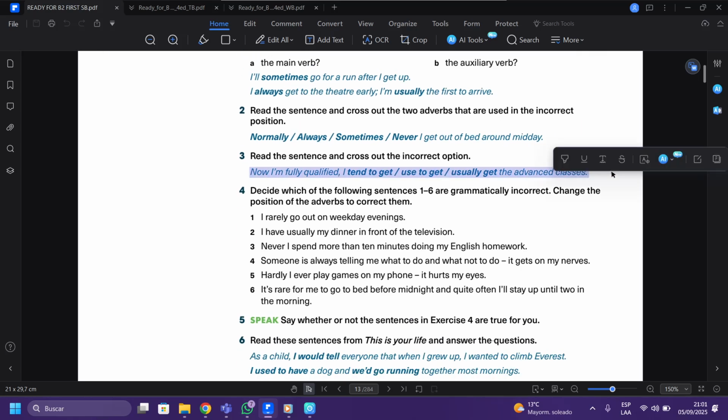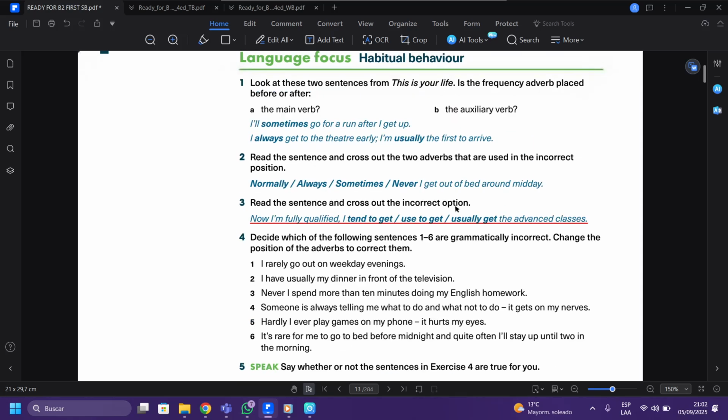We are in this part. What do you think is the option that is incorrect? I tend to get, I used to get. Sorry. I never spent more than 10 minutes doing my English homework.